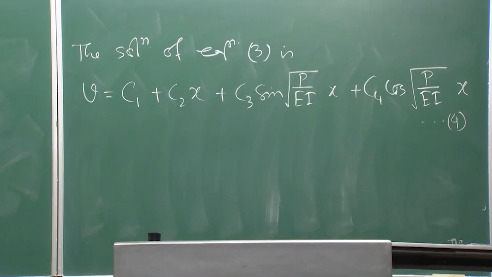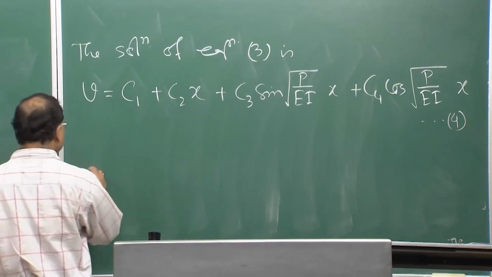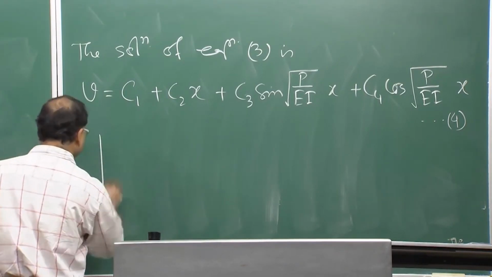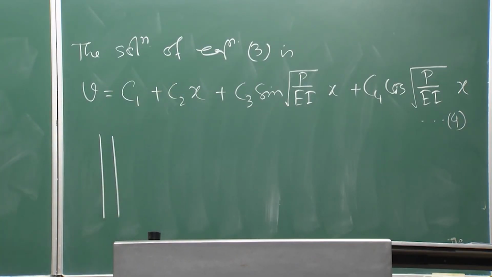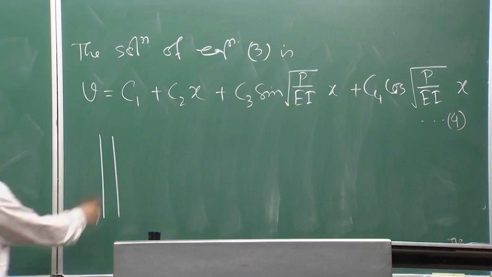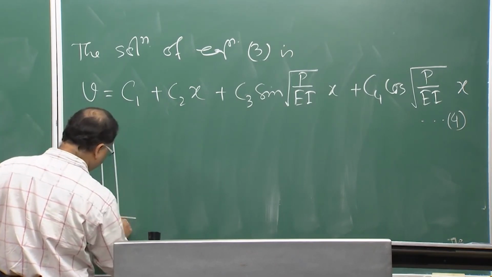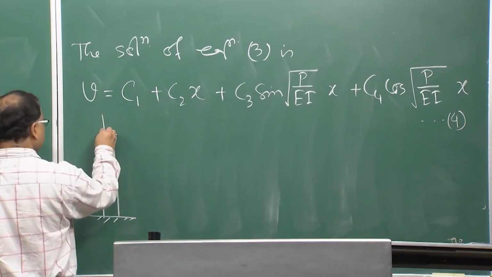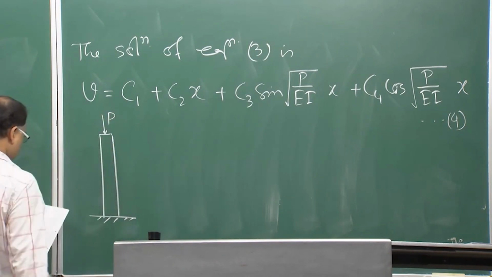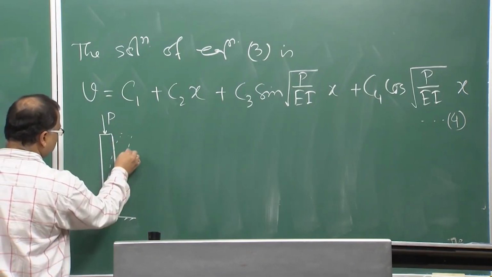Now, what are we considering? We are considering how you will get these constants, by putting proper boundary conditions. Now, we are considering one column which is fixed at the bottom, which is carrying a load P, and due to that load P it is showing the instability.